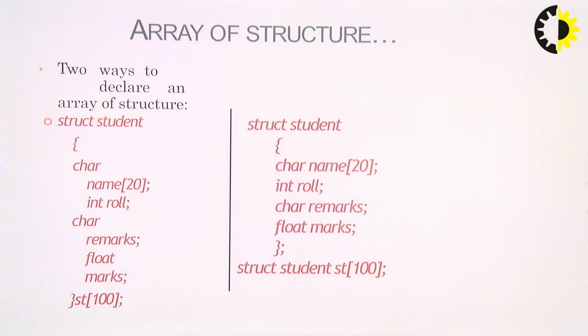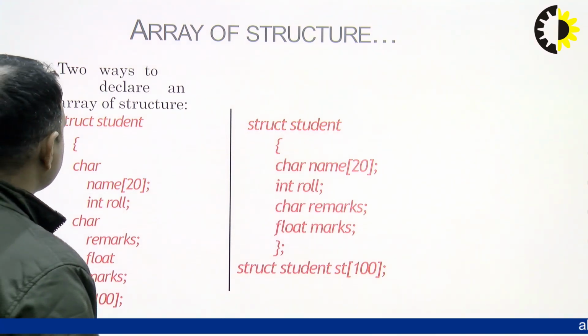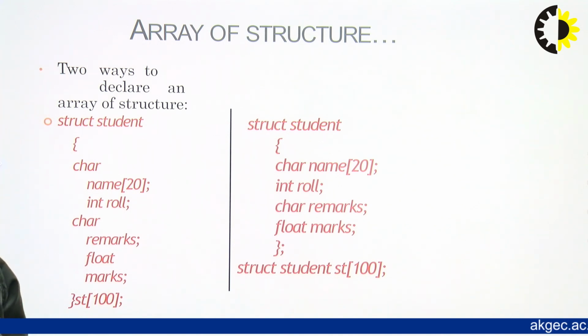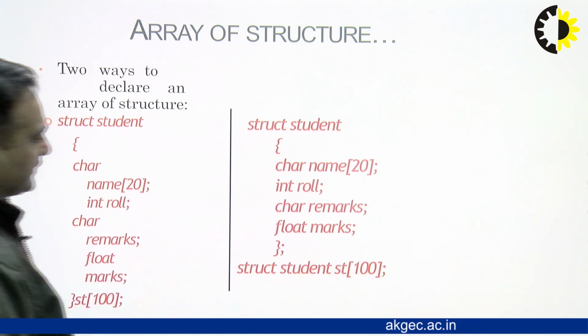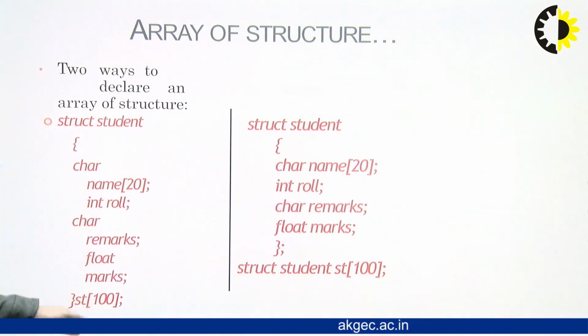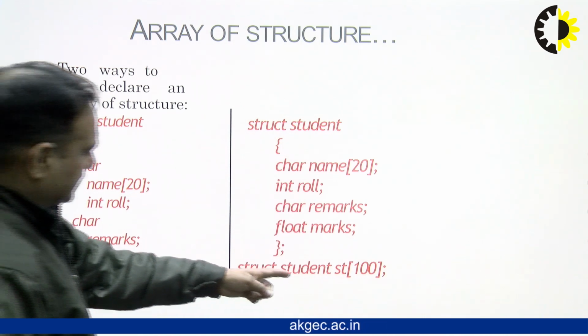Array of structures: there are two ways to declare an array of structures. That is, the 100 structure variables are to be created. Here 100 structure variables are created, st100.